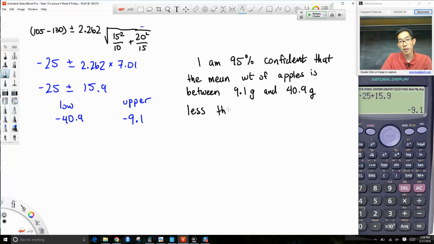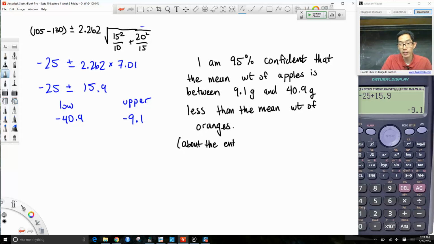Less than the mean weight of oranges. Okay? And of course, when I'm talking about apples, I'm talking about the entire population of apples and the entire population of oranges. So these are about the entire population of apples and oranges.